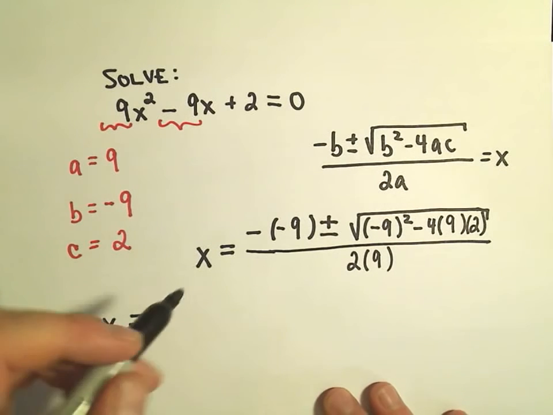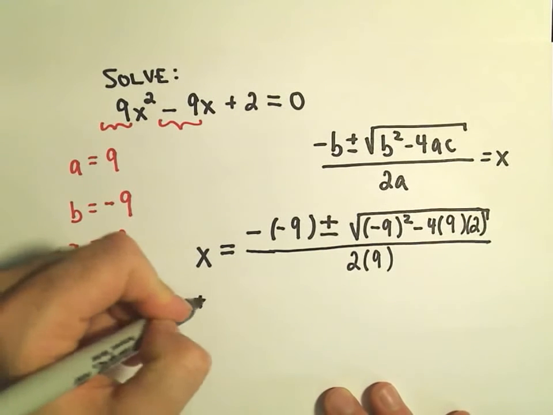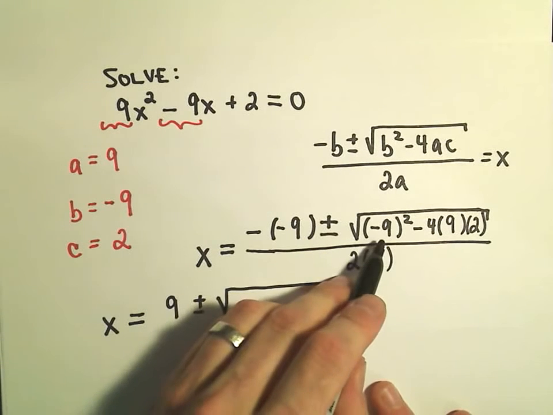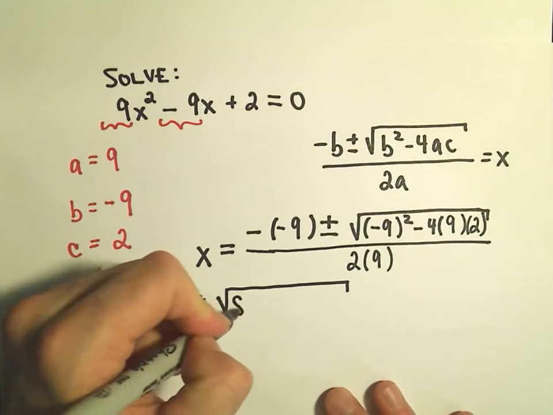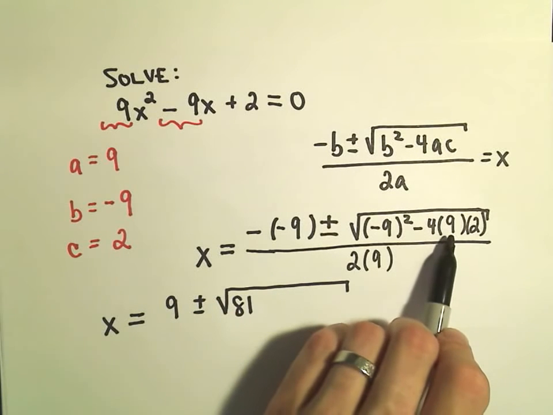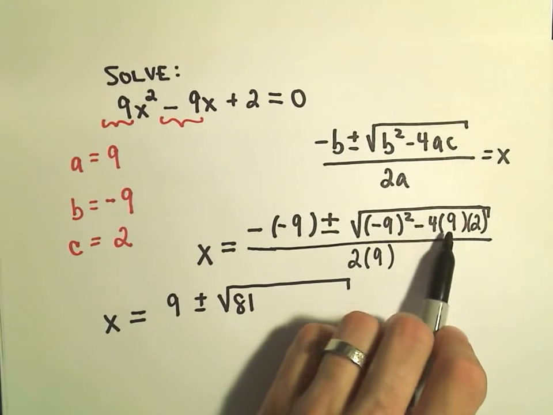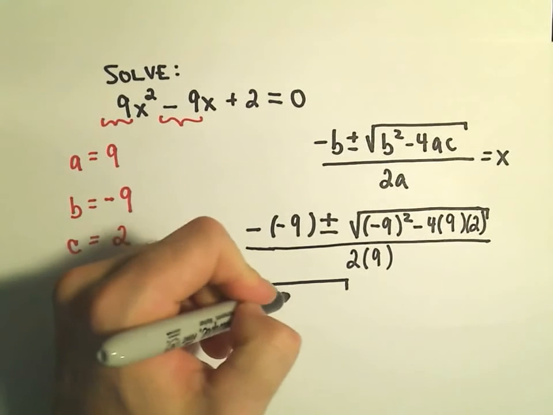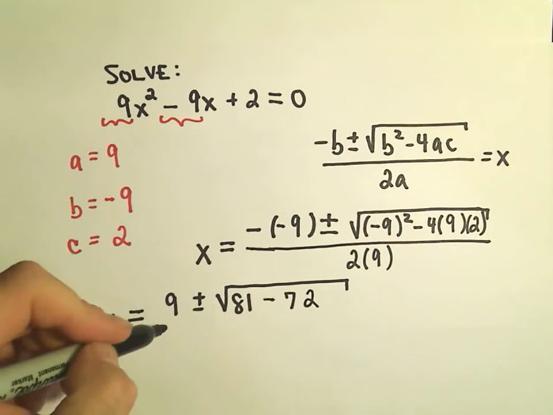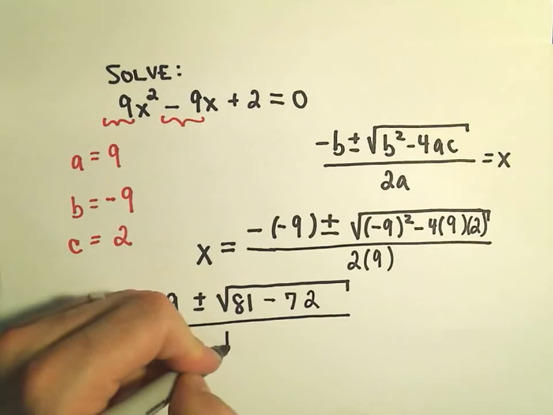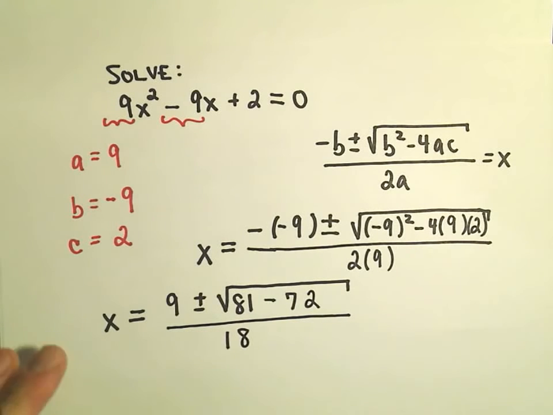So we have negative of negative 9, which is positive 9, plus or minus the square root. Okay, so negative 9 times negative 9 is going to give us positive 81. If we take negative 4 times 9, that'll be negative 36. And then negative 36 times positive 2 will be negative 72. In the denominator, we have 2 times 9, which is going to be 18.